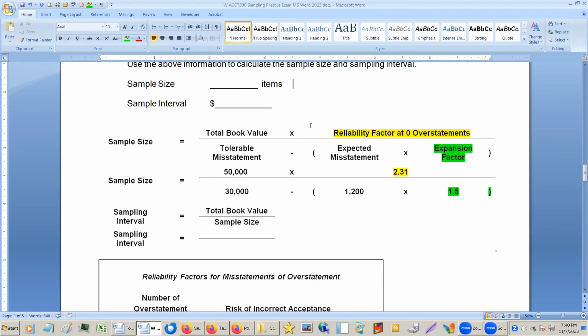I finished the calculator. $115,500. Is this supposed to be 50,000 or 500,000?